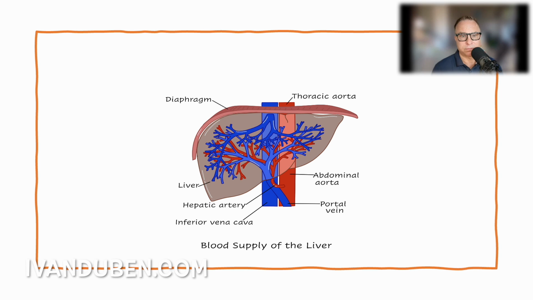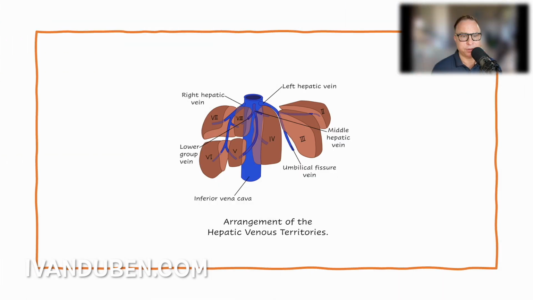So if the shape of the liver, any one of the lobes, is altered in any sense, that will affect blood coming in and blood coming out. Here we have the venous drainage that occurs within the liver as it makes its way from the liver to the vena cava.